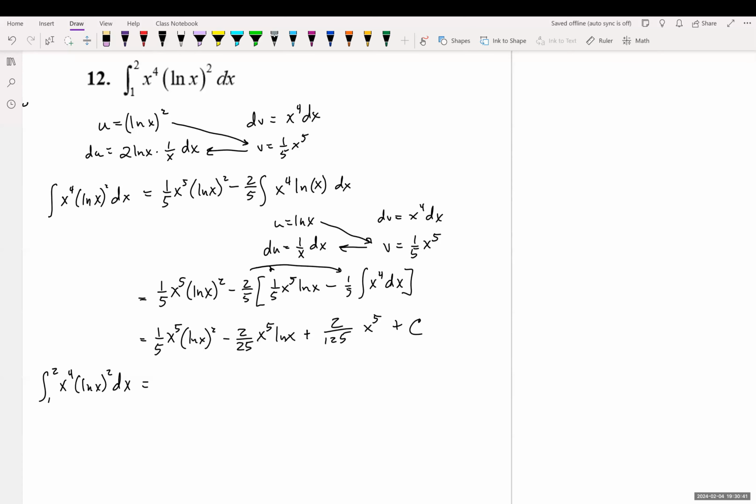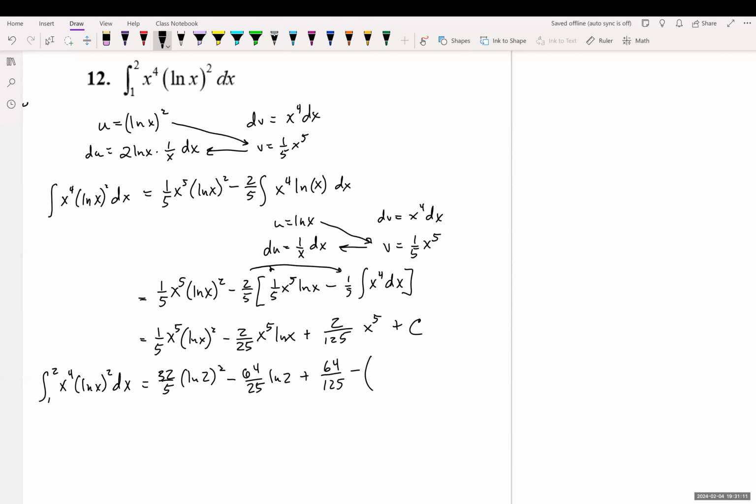So let's write that as 32 over 5 (ln 2) squared, minus, plugging 2 in here, again we get 32, but this time we're multiplying by 2, so we get 64 over 25 ln 2, plus, again plugging in a 2 here, we get another 32 times 2, which is 64 over 125.